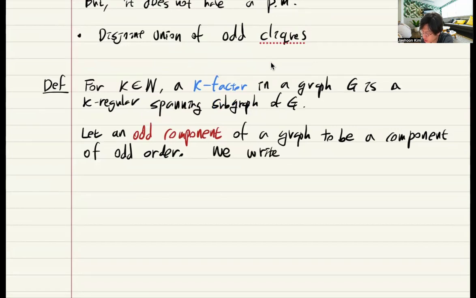And we write o(G) to denote the number of odd components of G.